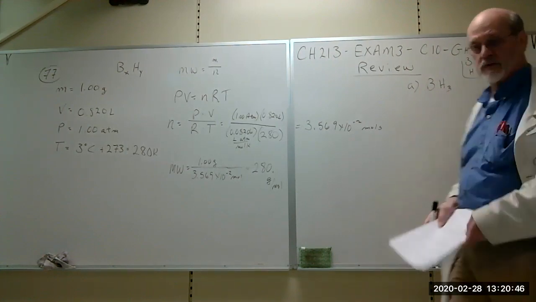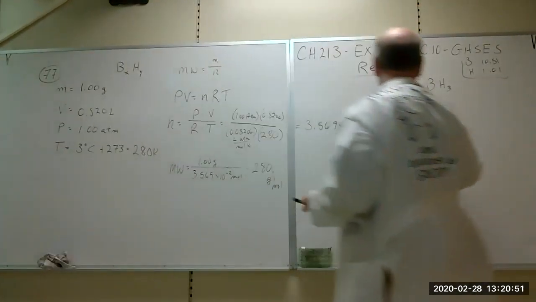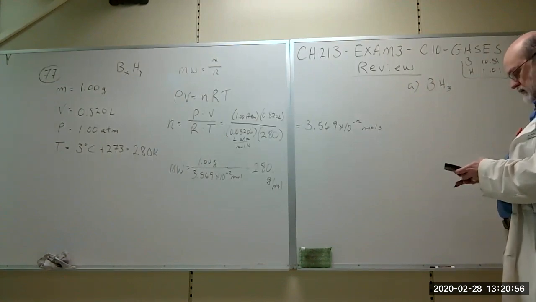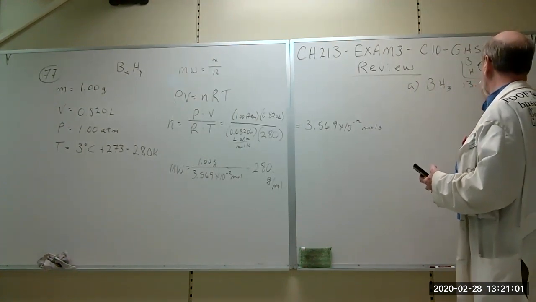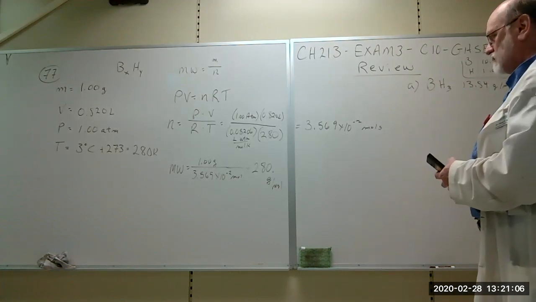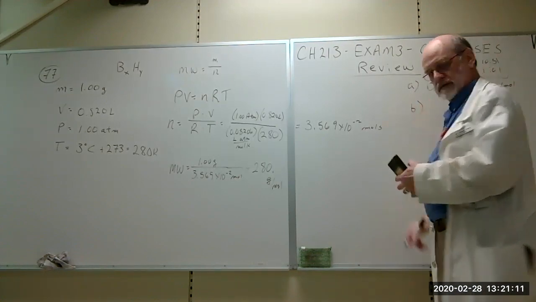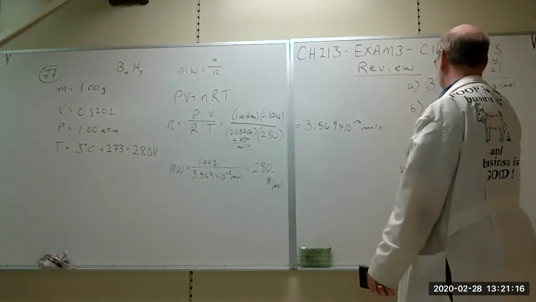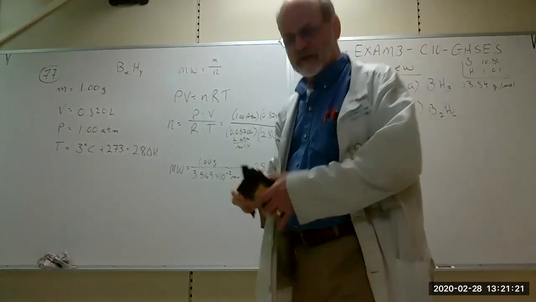Okay, so the total for this one would be one of these and 3 hydrogens. So that's 13.84 grams per mole. I don't think it's anywhere near that, do we? How about this one? B2H6. You know, I think I made a mistake in calculation here. Let me do that again.